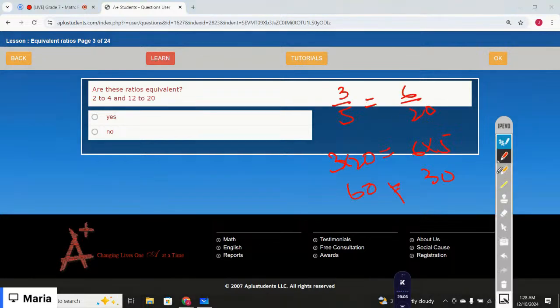That is 2 to 4 and 12 to 20. So which is the correct option? Yes or no?